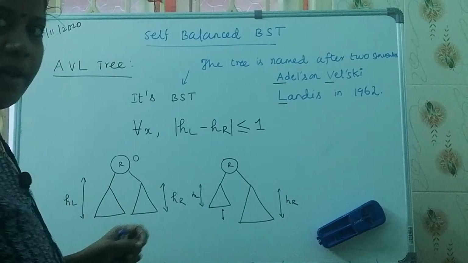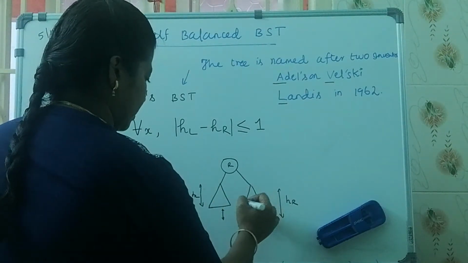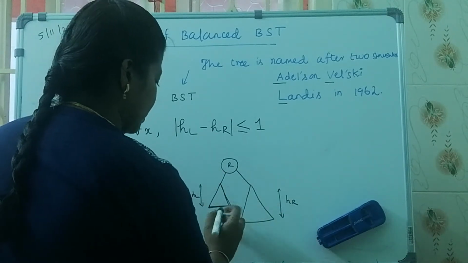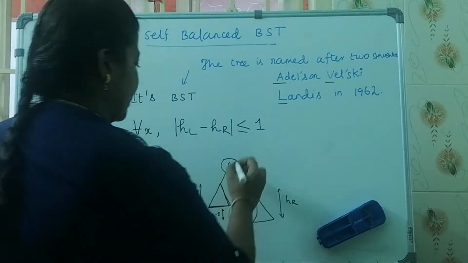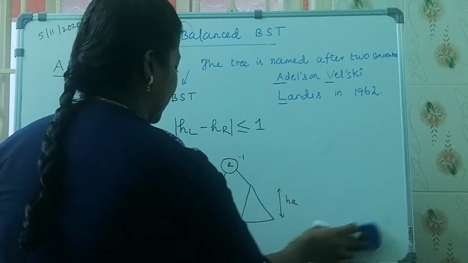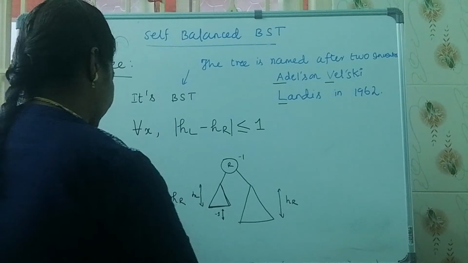The difference could be at most 1. Since the left side is lesser than the right side, this minus this gives -1. The difference is -1, and this is also valid. So the balance factor for this is -1, and this is also a valid AVL tree.